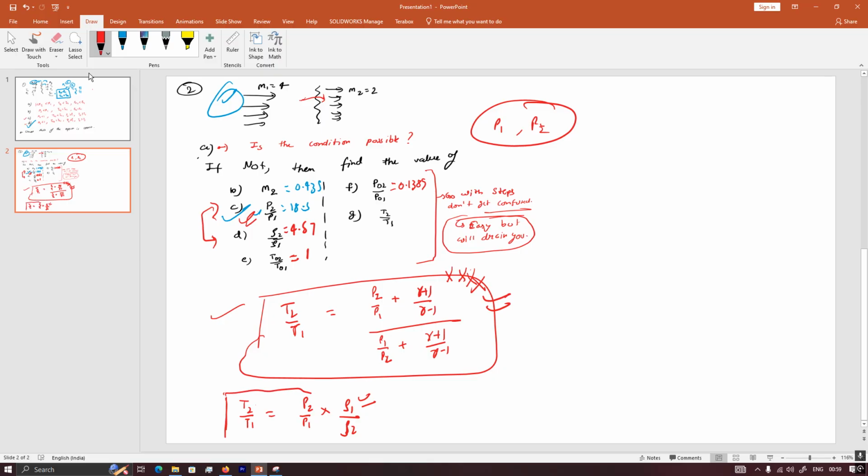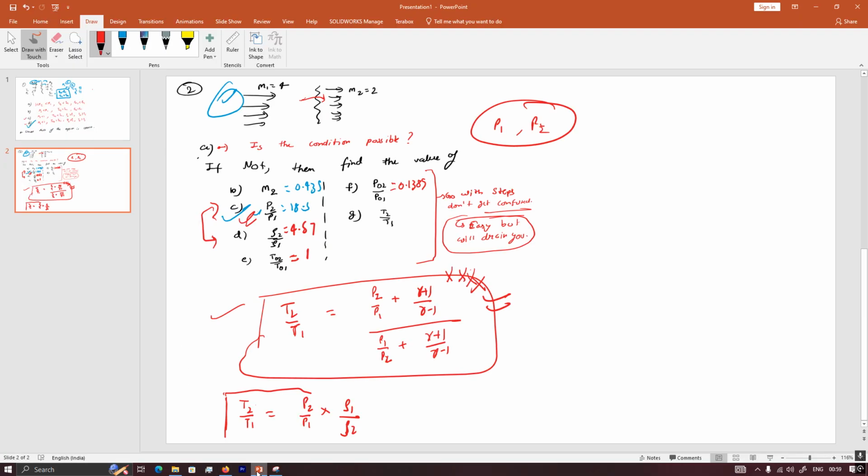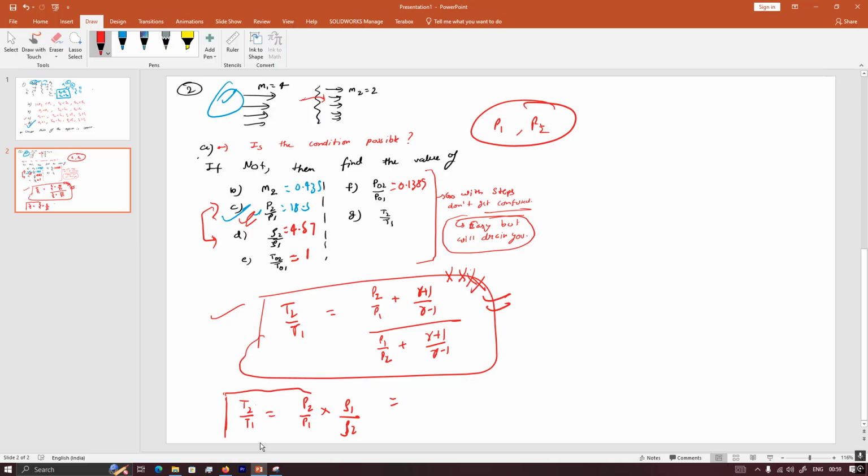Okay, so I'll use this formula and it will be 18.5 into 4.57, 84.545. So T2 by T1 is 84.545.